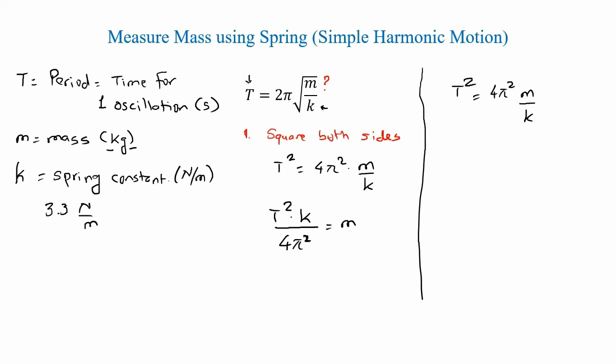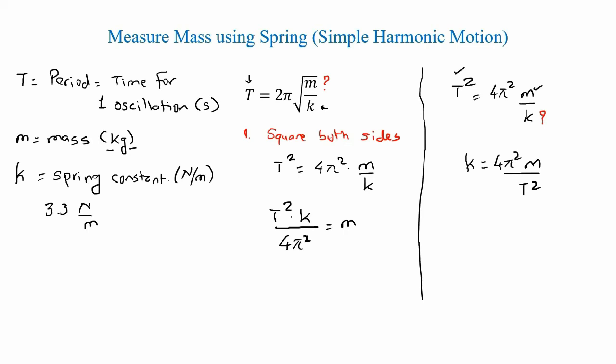Again, we are saying that we know the period and we know the mass, but we don't know the spring constant. Then you just switch the k and T squared. So what you would get is k equals 4 pi squared m divided by T squared. Depending on what situation you are in, you could use this equation to calculate one or the other.